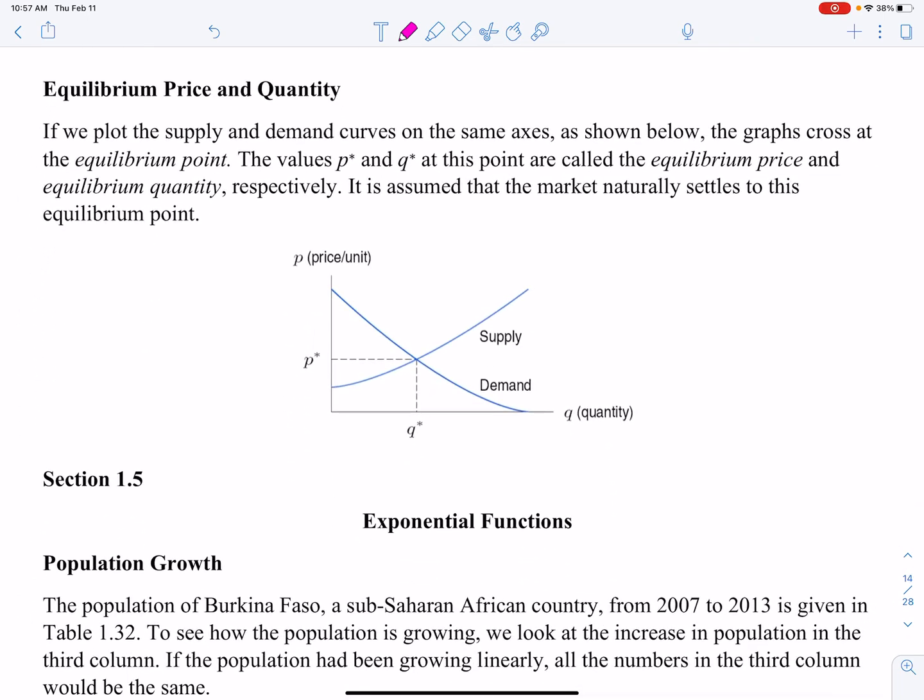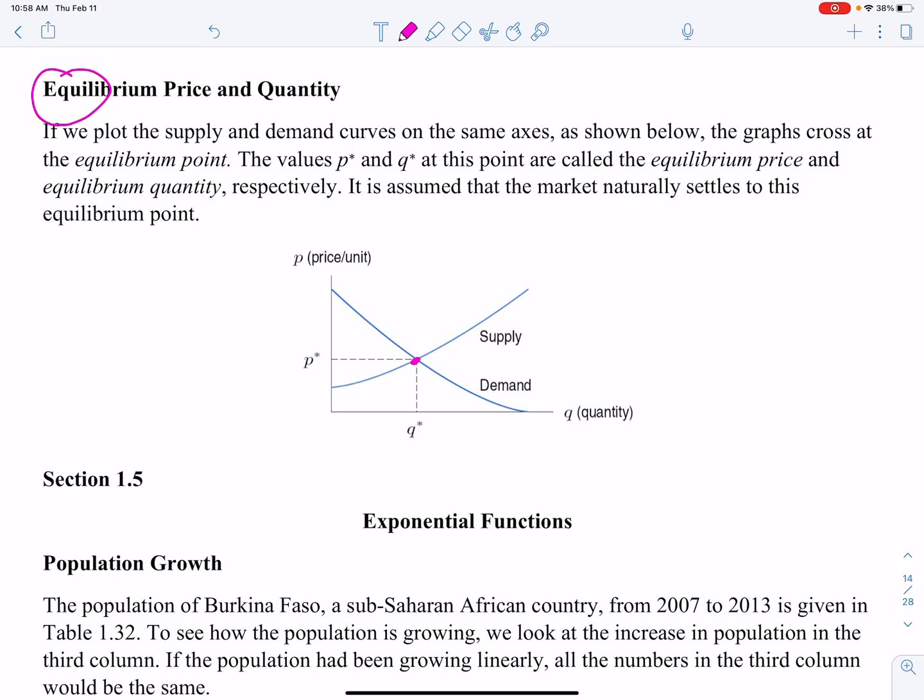Equilibrium price and quantity. Equilibrium, equal, right? If we plot the supply and demand curves on the same axes as shown below, the graphs cross at the equilibrium point. The values P star and Q star at this point are called the equilibrium price and equilibrium quantity. Again, that's just where the two graphs of supply and demand meet up.